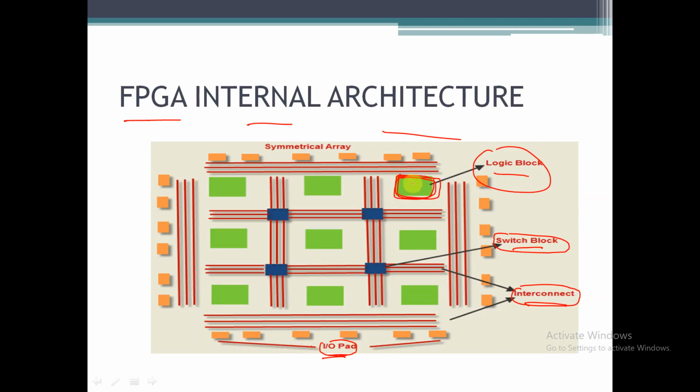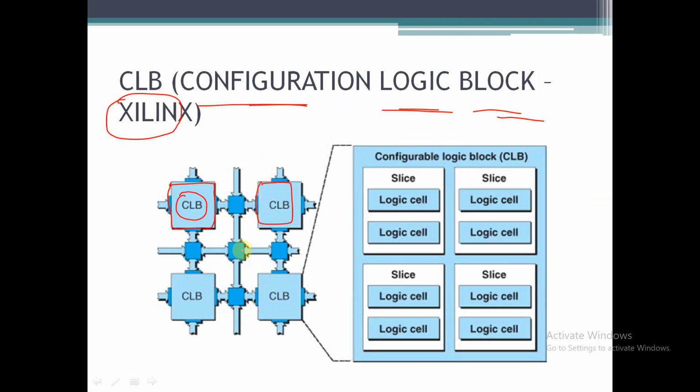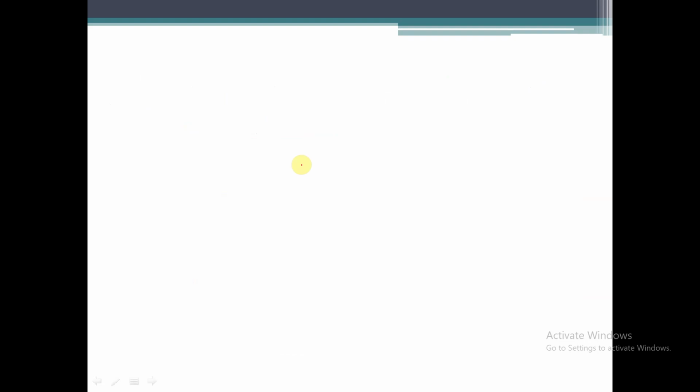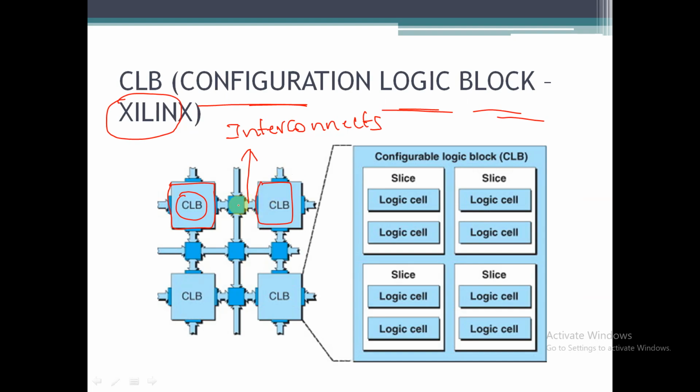The green one you can see is the configurable logic block we are talking about, and these are called interconnects, which we saw in the previous slide, and these are switch blocks.